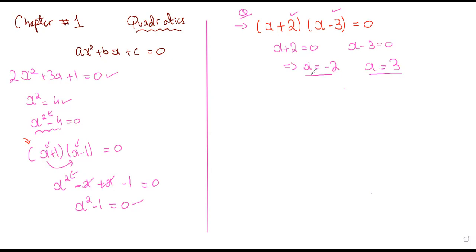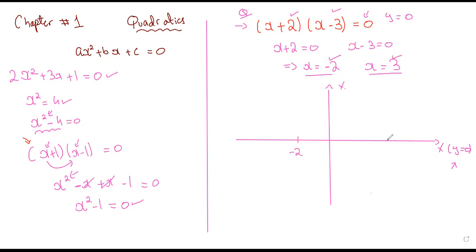This means that if we want to plot it on the curve, these would be the points on y equals 0. This is the y-axis, this is the x-axis. Where is y 0? On the x-axis, y is 0. Okay, so we know that at y equals 0, our graph will pass through x equals minus 2 and x equals 3. This is minus 2 and this is 3. And okay, I know that my curve is going to pass through these 2 points.